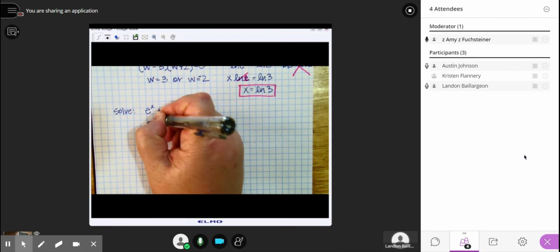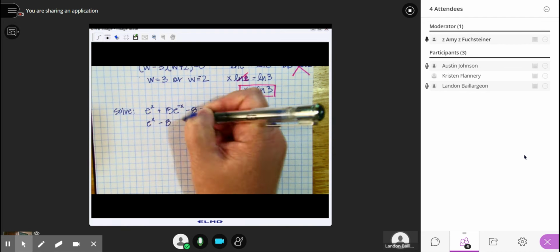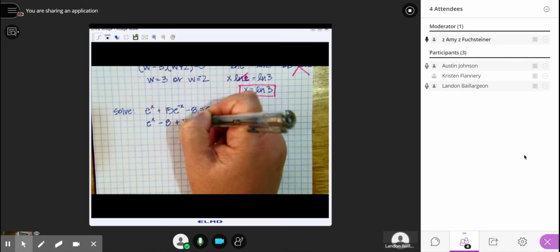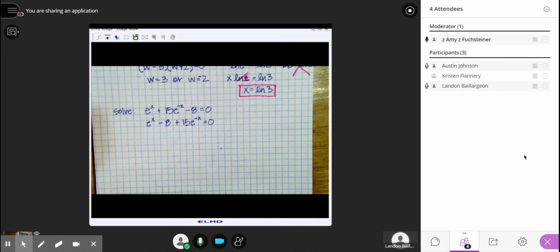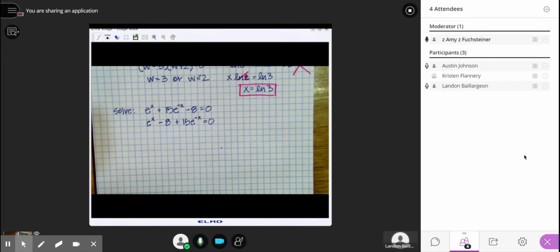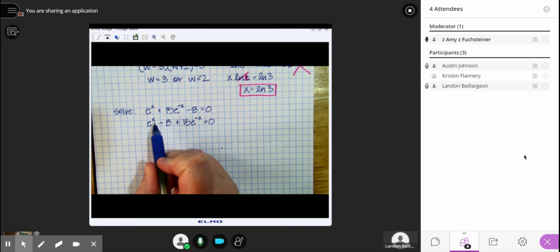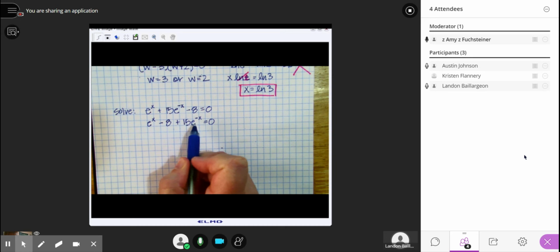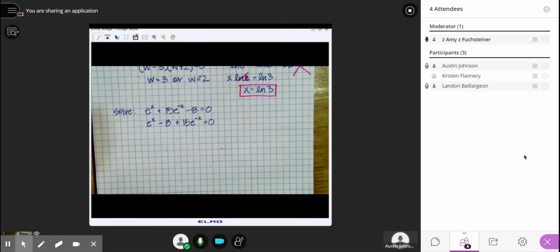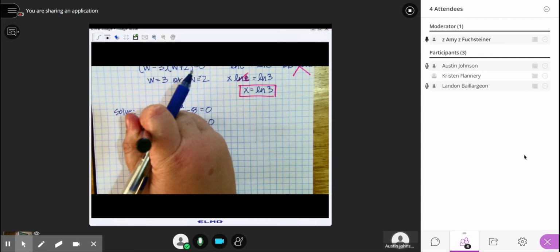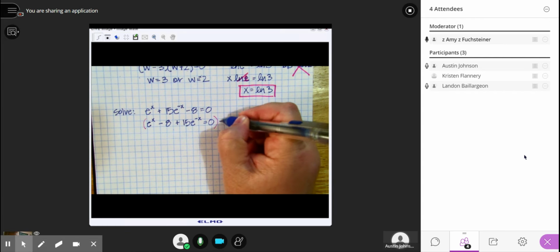This should be written as e to the x minus 8 plus 15 e to the negative x. Your exponents should be in a decreasing order, which means first power, no power, negative power should be the order. I can tell you that what I would do here is to multiply this entire equation by an e to the x.